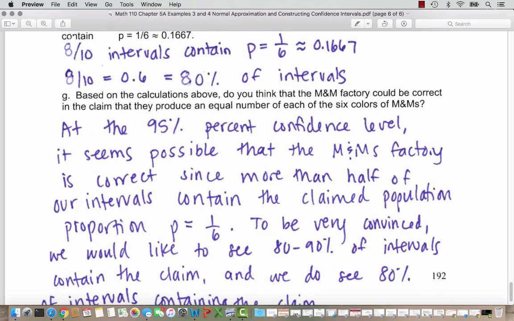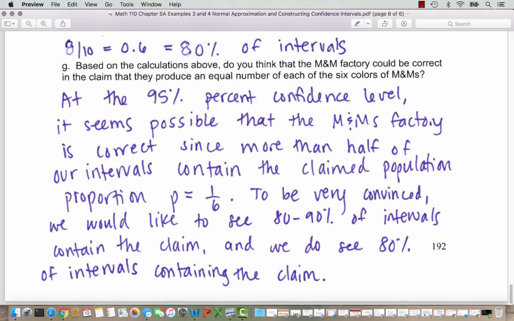So we have to decide, based on these calculations above, do we think that the M&M factory could be correct in the claim that they produce an equal number of each of the 6 colors of M&Ms? So at the 95% confidence level, it seems possible that the M&M factory is correct, since more than half of our intervals contain the claimed population proportion p equals 1 out of 6.